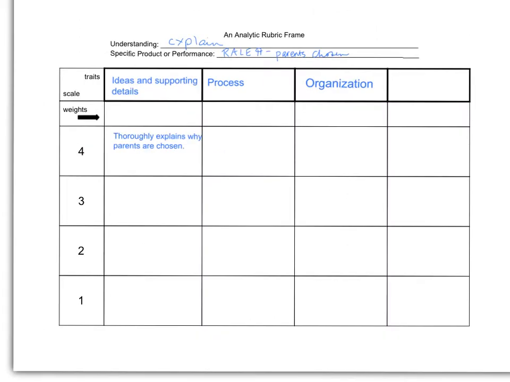So using the degrees again for understanding, the next is substantial. So the students have a substantial explanation of why parents are chosen. My next section down is partial. So they have a partial explanation of chosen parents.